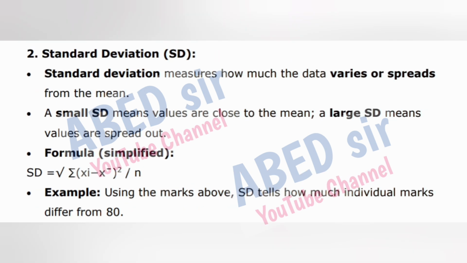2. Standard deviation, SD. Standard deviation measures how much the data varies or spreads from the mean. A small SD means values are close to the mean. A large SD means values are spread out. Formula simplified. Example: using the marks above, SD tells how much individual marks differ from 80.